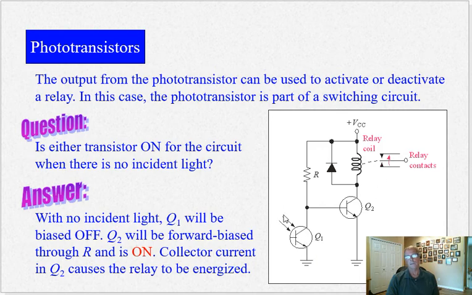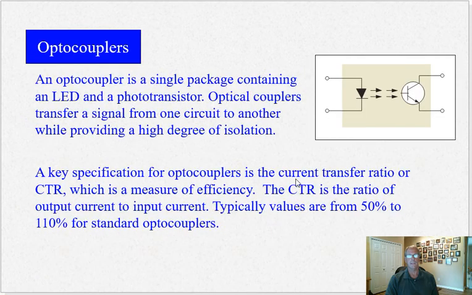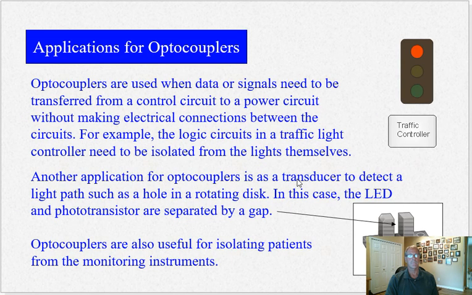So again, maybe this is in a 7-Eleven or something, a break beam or whatever. It rings a bell when you walk in the store to interrupt the light, that kind of thing. Let's see what else we got here. Optocoupler.